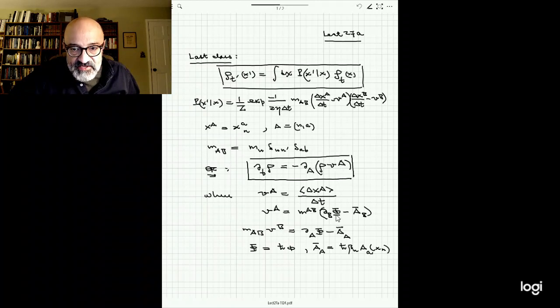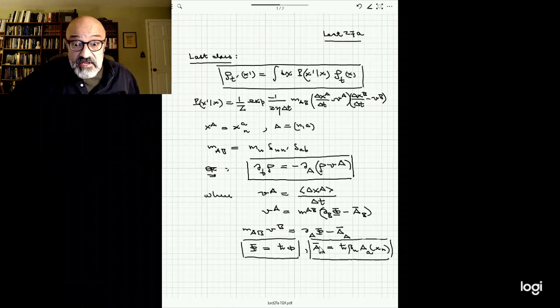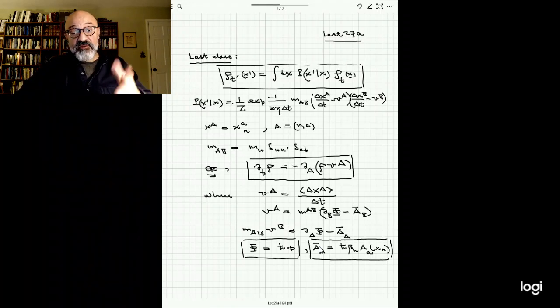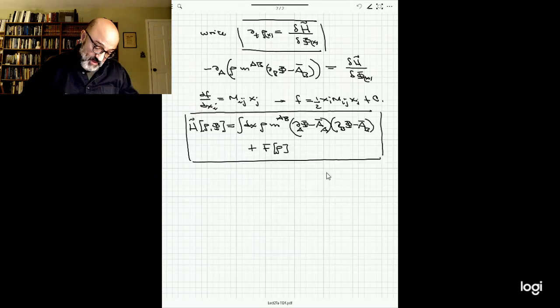The phi that appears here is just an external field, very much like the vector potential. So these are not degrees of freedom. They're just fixed. So what we are going to get, if we try to figure out what this equation of motion looks like, is just a diffusion problem.